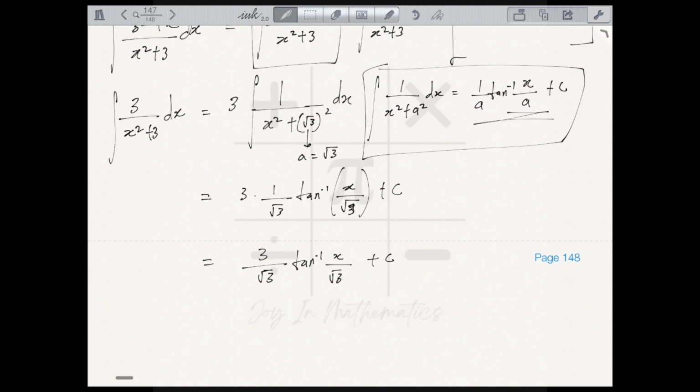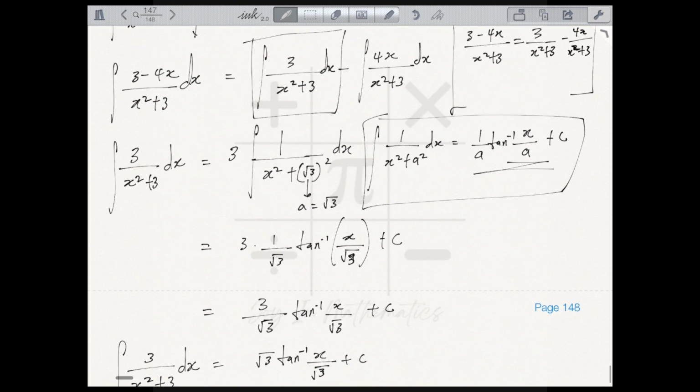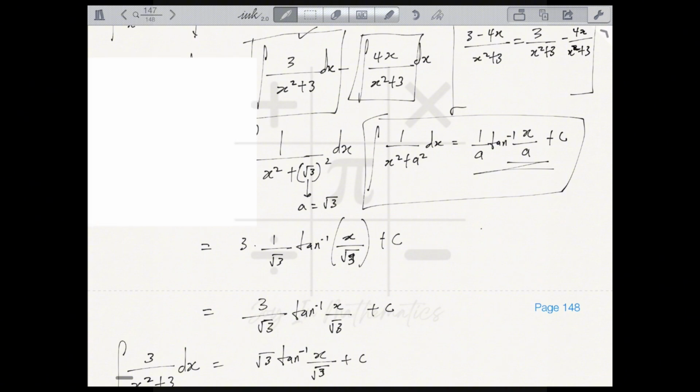Now 3/√3 is equivalent to √3. Therefore this will give us √3 arctan(x/√3) + c. And this is for solving the integral of 3/(x² + 3) with respect to x. Now, having solved this, let us now solve the integral of 4x/(x² + 3) with respect to x.